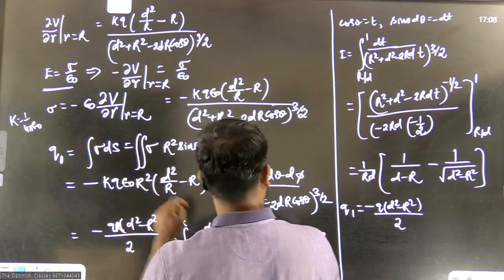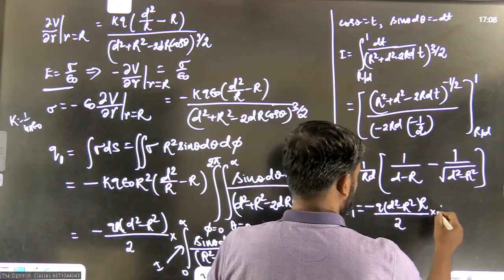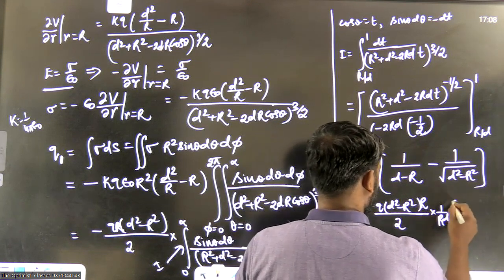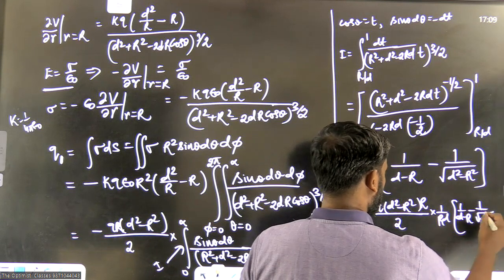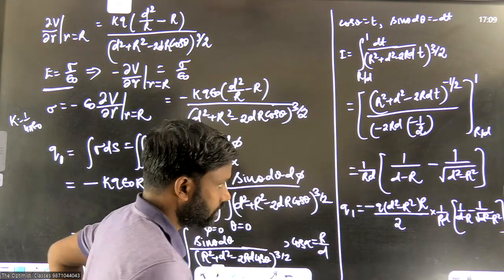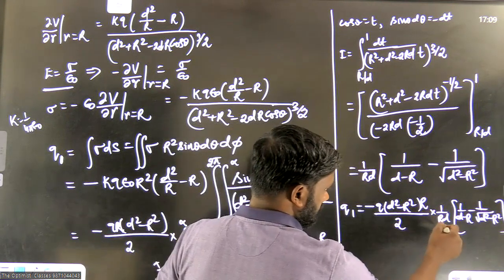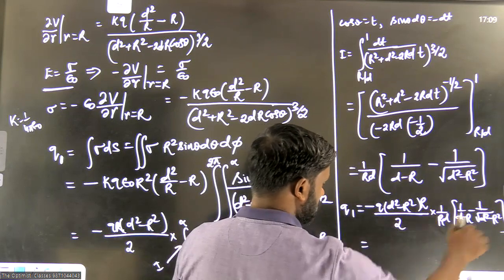And now we are going to put this here: 1 by rd, and here we have 1 by d minus r minus 1 by root under d square minus r square. This we get. Now you can cancel this r and this r. You will be left with 2d in the denominator, multiplied by d square minus r square.